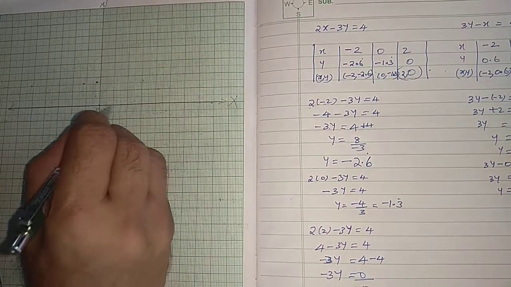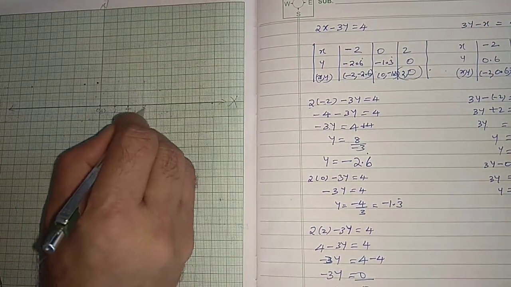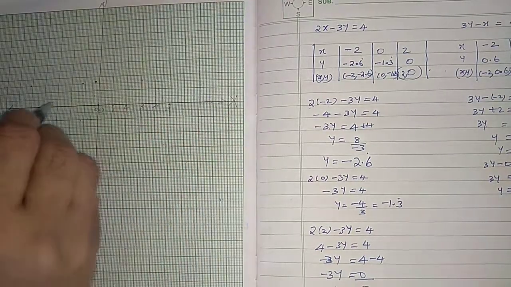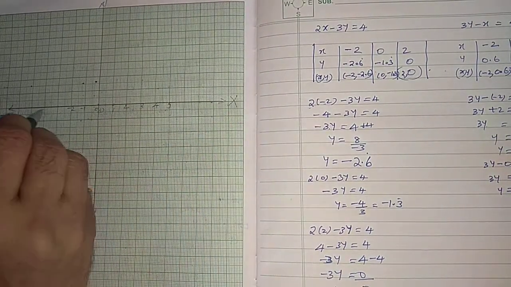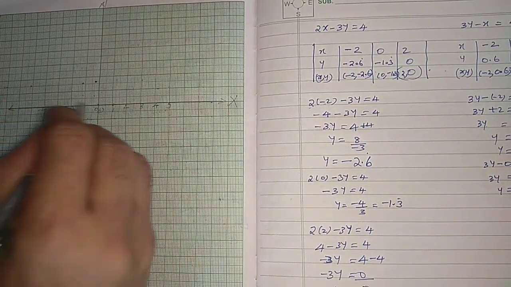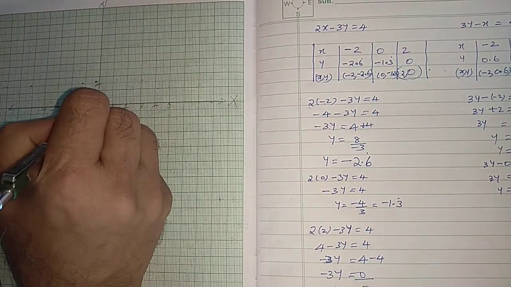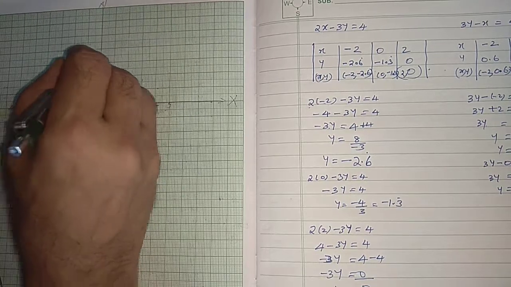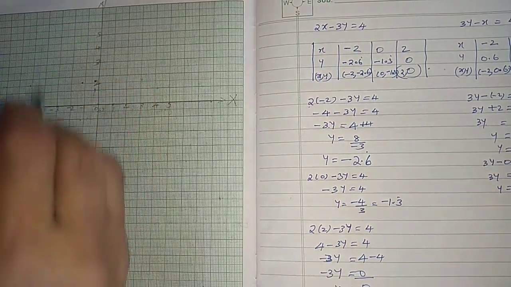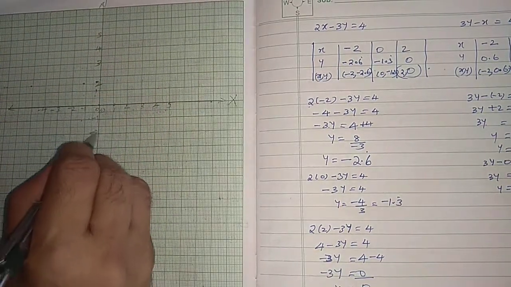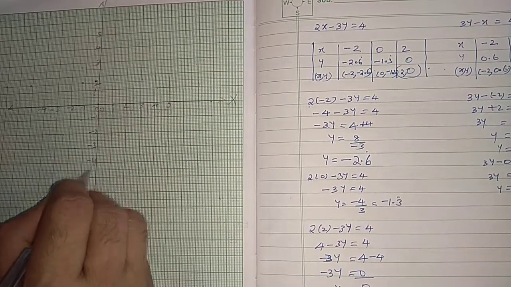This is 0, 0, 1, 2, 3, 4, 5 and so on. Here minus 1, minus 2, minus 3, minus 4. Y values here 1, 2, 3, 4, 5 and so on. Minus 1, minus 2, minus 3, minus 4 and so on.